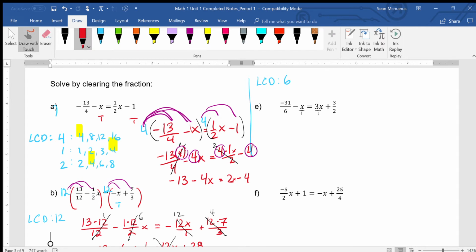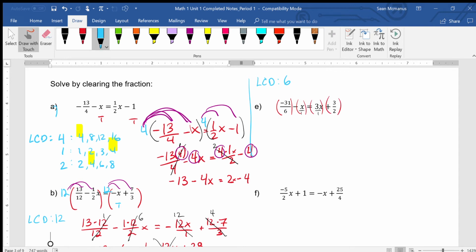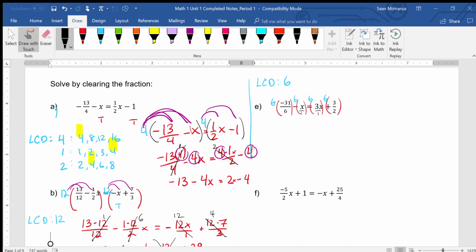So something kids in the past have used as a starting point with these once they get comfortable with them: I found the lowest common denominator, so now I'm just going to multiply every single term by that lowest common denominator, because that's really the result of distribution, right? By doing that, it helped them eliminate things a little bit easier because we could do it more visually. So 6 over 6 is 1, 6 over 1 is 6, 6 over 1 is 6, and 6 over 2 is 3.